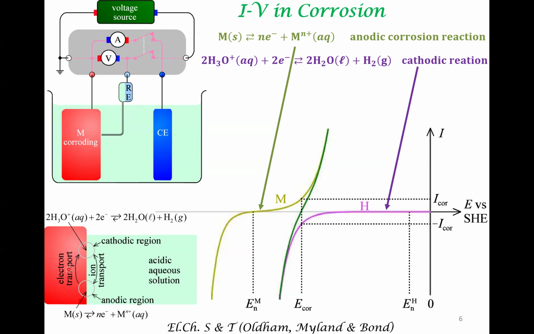That potential at which the rate of generation of electrons via the anodic reaction matches the rate of consumption via the cathodic reaction is called E core. This is the potential at which the net current is zero, and it is the potential relevant to corrosion of this metal.